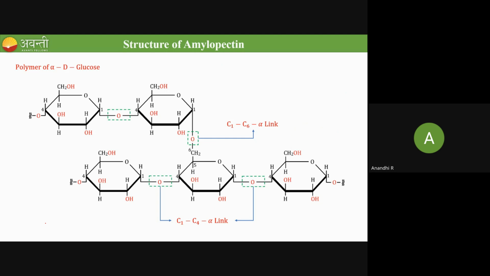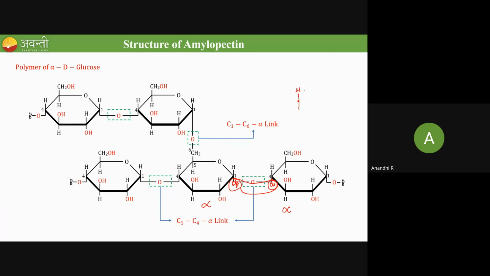Alpha linkage definition. This linkage is formed between two alpha D glucoses, right? That's why it is called alpha. Water is getting eliminated from both molecules in which the OH is in the same direction. Both the OH are here in the downward direction, no? So water is getting eliminated from this and they form the bond. I have just explained this.